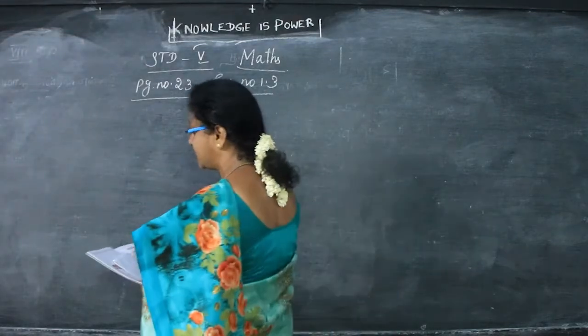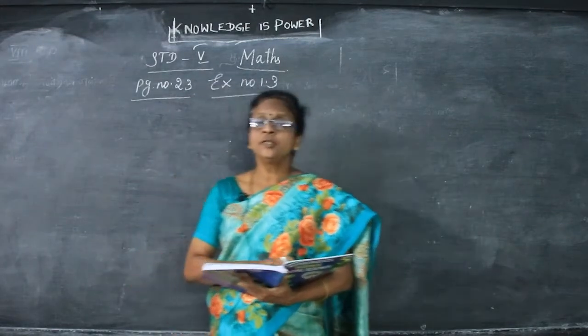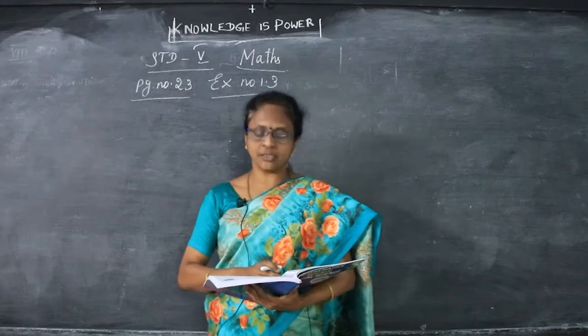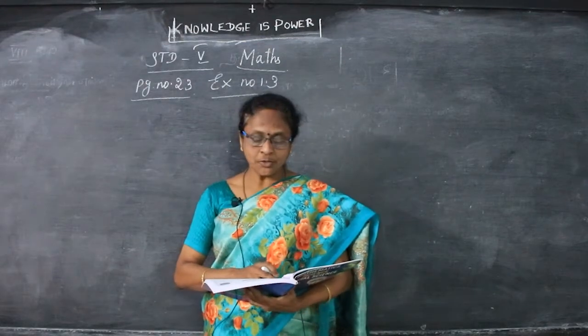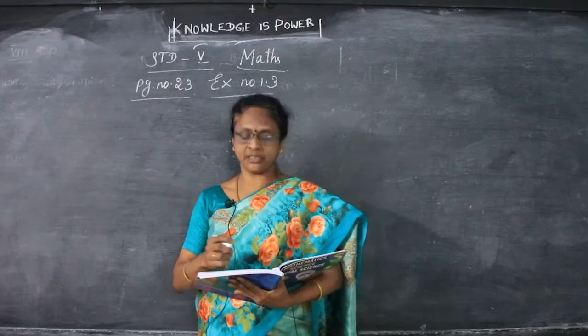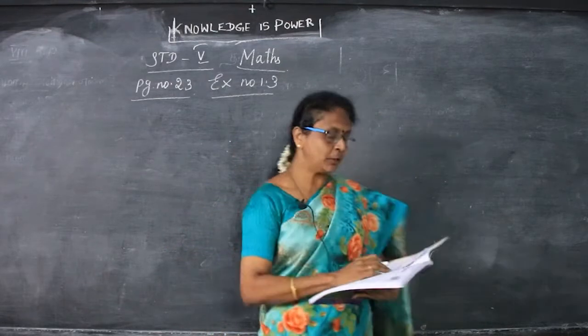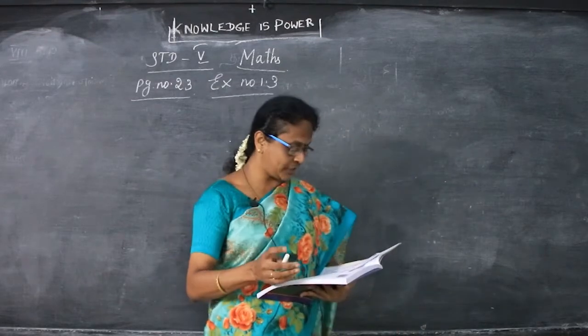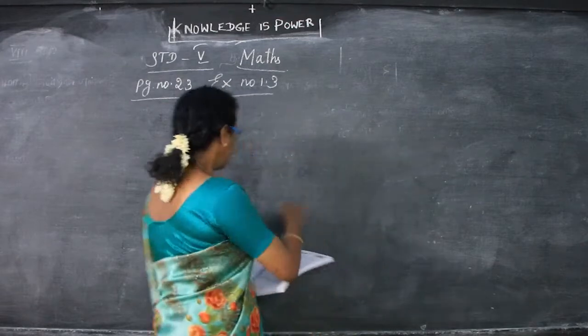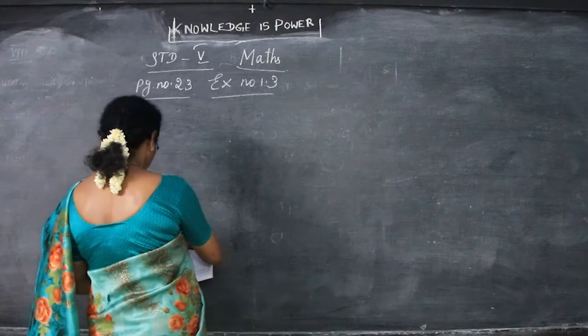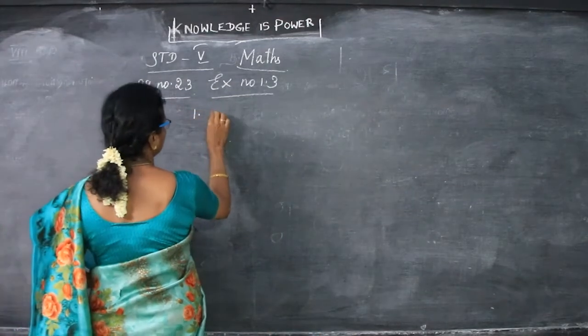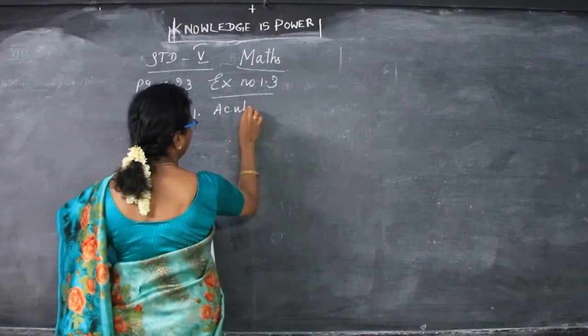Make a note of it, children, and take down your books. The school is giving the books, so come and get them so that you can easily follow the exercises also. The angles below 90 degree and above 0 degree are called acute angles.